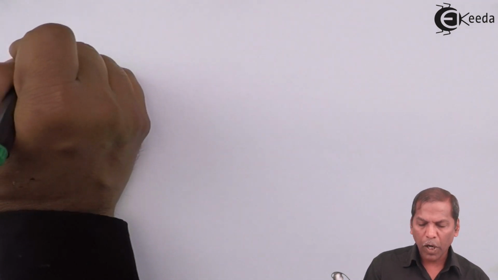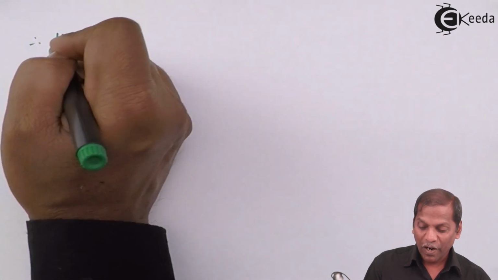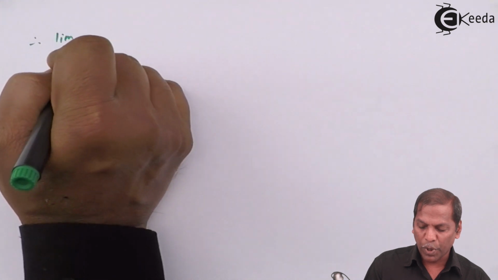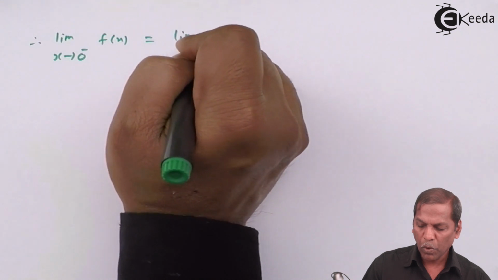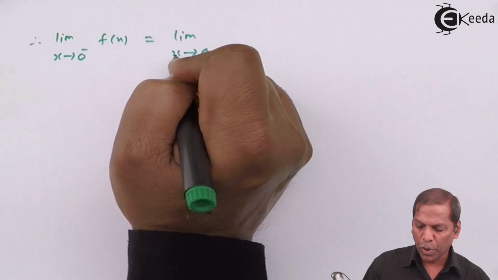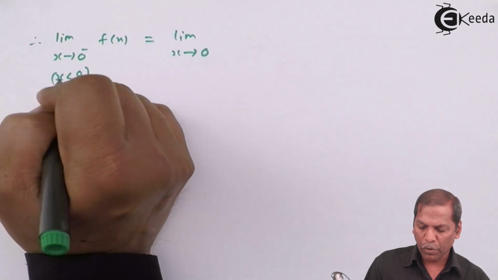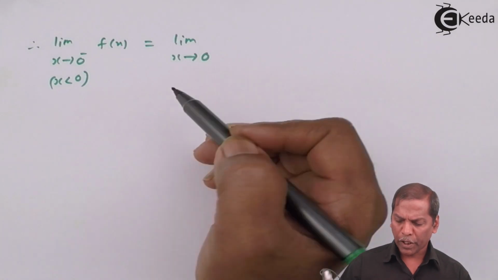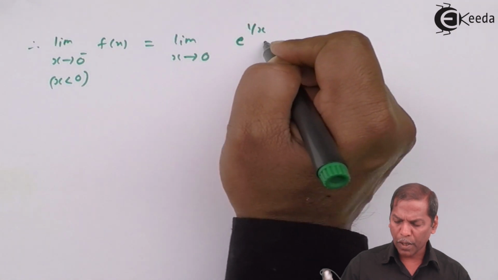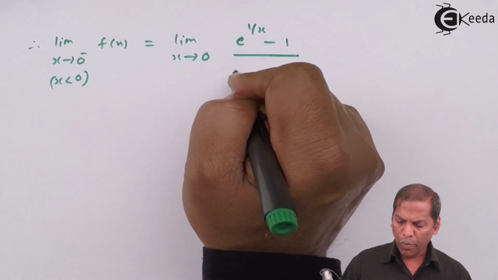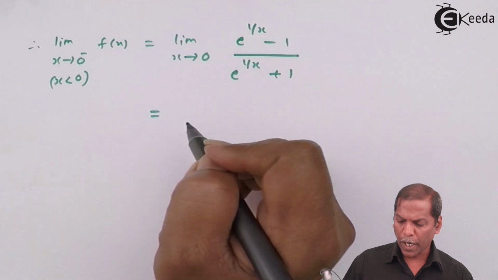And therefore our left hand limit, that is limit x tends to 0 minus f of x, equals limit x tends to 0 minus. Now 0 minus means x less than 0. We have limit x tends to 0, (e raised 1 by x minus 1) upon (e raised 1 by x plus 1).